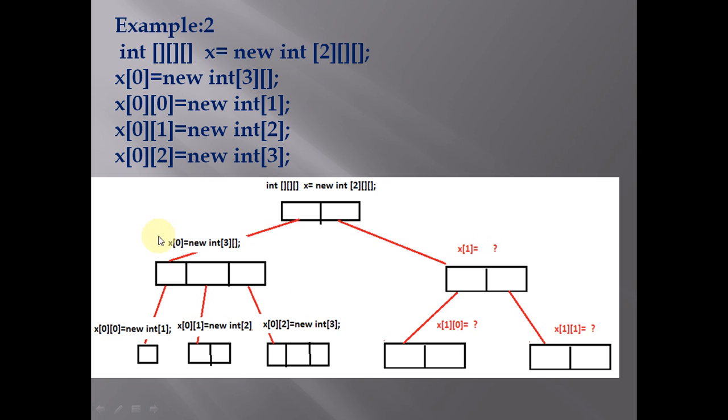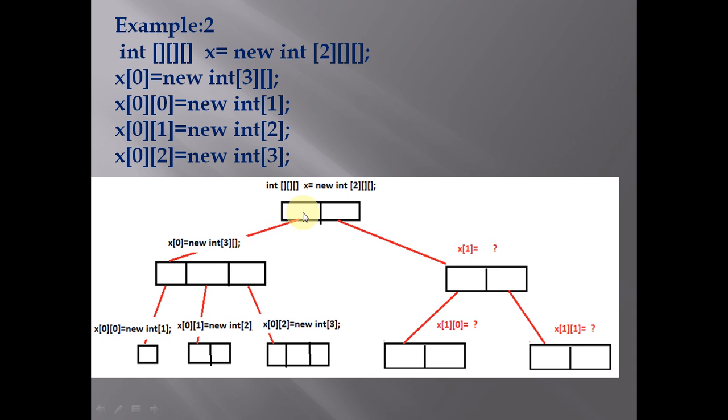So the first element of 3D, which is x0 over here, is capable of pointing to a two-dimensional array, and we know that a two-dimensional array is capable of pointing to a one-dimensional array in this case and in the previous case. So new int 3 means it's going to have three 1D arrays, whereas 2 means it's going to have two 2D arrays, right?